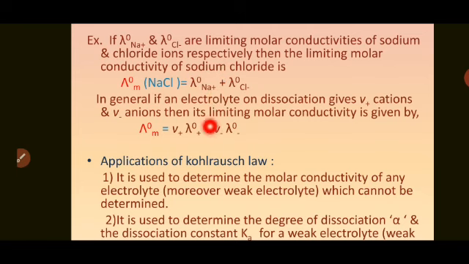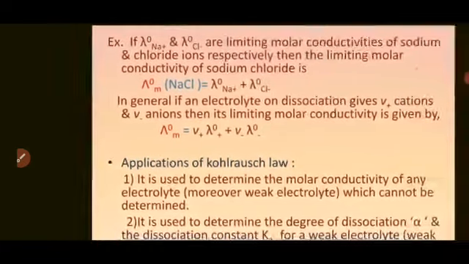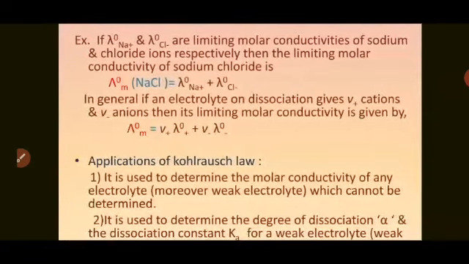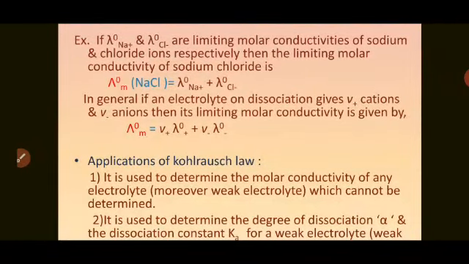So in general, if an electrolyte on dissociation gives V plus cations and V minus anions, then its limiting molar conductivity is given as the sum of the individual contributions.